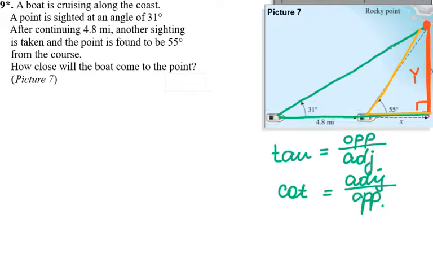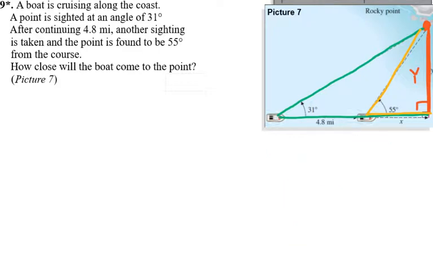In your calculators, you will not see cotangent. So if you have to do a cotangent of 31, you need to type 1 over tangent 31 in your calculator. So back to our cotangent. For cotangent of 31, I have the adjacent, which is 4.8 plus x.